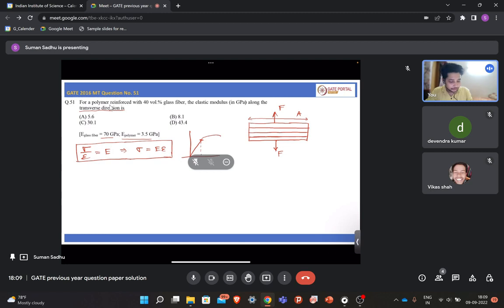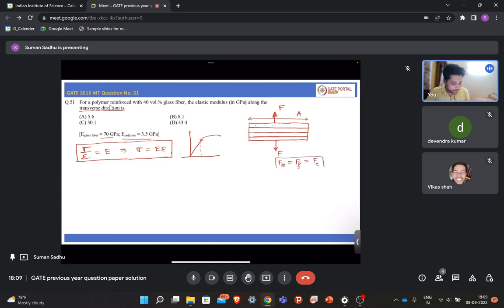Now, if we apply load F in this transverse direction, and these are the glass fibers, and the other part is the matrix, right? The force on the matrix, Fm, and the force on the fiber, Ff, should be equal to the force on the composite.